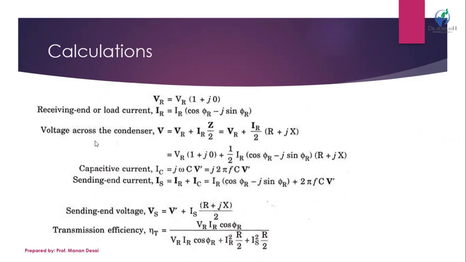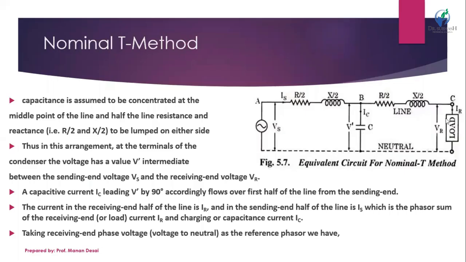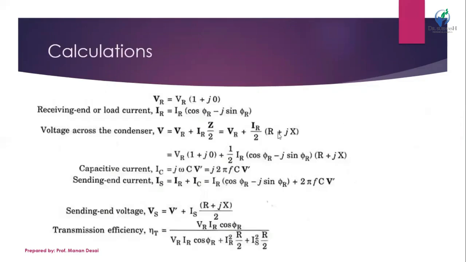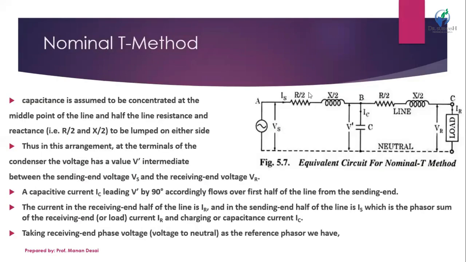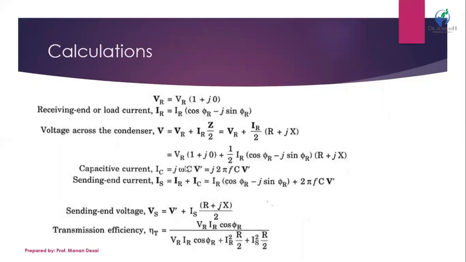The voltage across the condenser V is equal to VR plus IR Z by 2, that is, VR plus IR times (R plus jX) by 2. VR is equal to 1 plus j0, plus 1 upon 2 IR (cos phi R minus j sin phi R), and Z is equal to R plus jX.